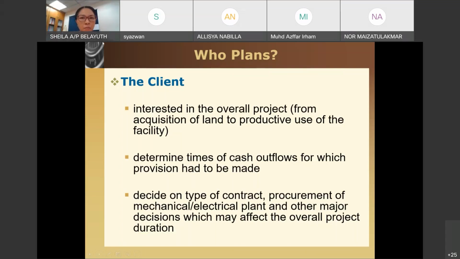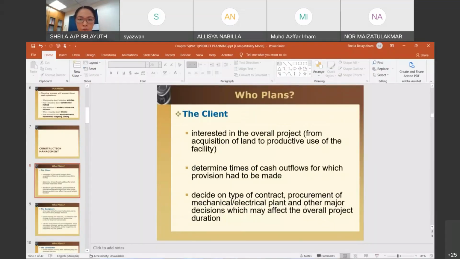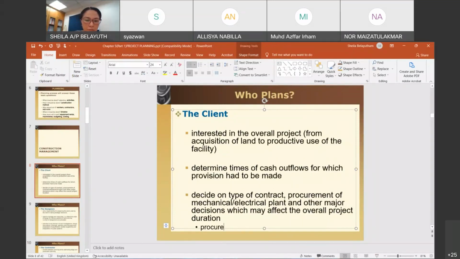So procurement system, the most common one will be the traditional, whereby we design, we bid, we build. And then we have design and build.